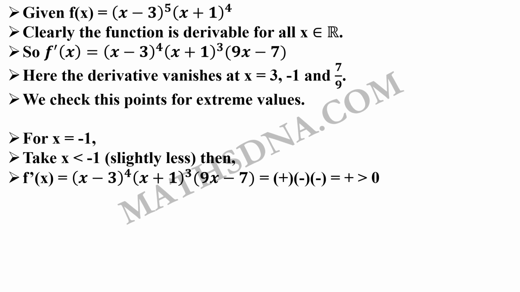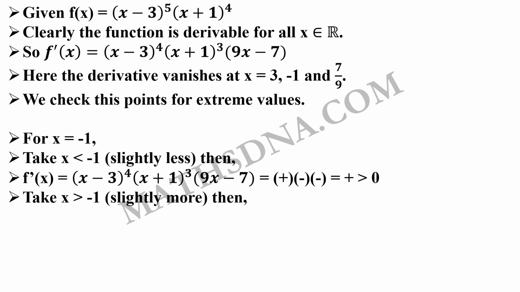Here you just have to decide whether the sign will be negative or positive at a particular value. You don't need to find the complete value of the function at that point. You just need to find the sign, whether it is positive or negative. For x slightly less than minus 1, it will be positive.